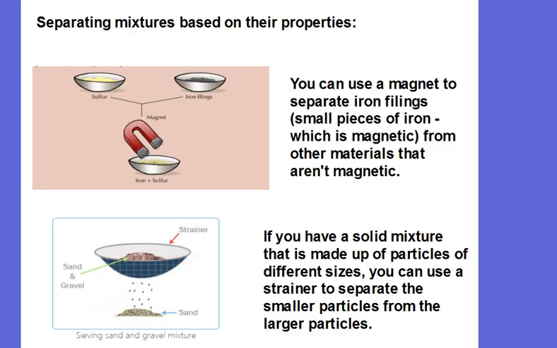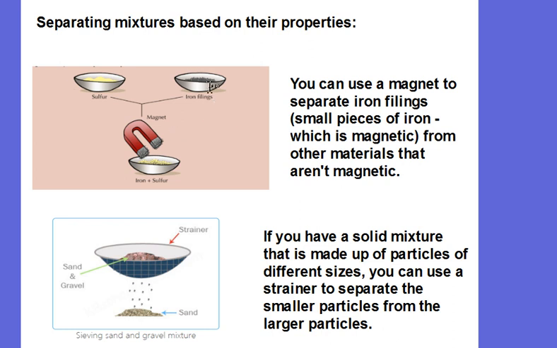So we did a little activity in class which talked about separating mixtures based on their properties. If you know about the properties of a substance or a mixture, it will help you figure out what tools or processes you would need to use to separate it. If you have two substances mixed together and one of them is magnetic, like iron filings, which are teeny tiny pieces of iron, you can simply use a magnet.